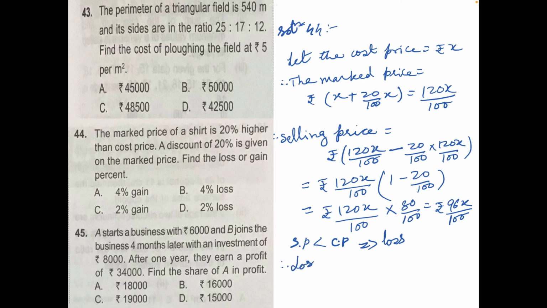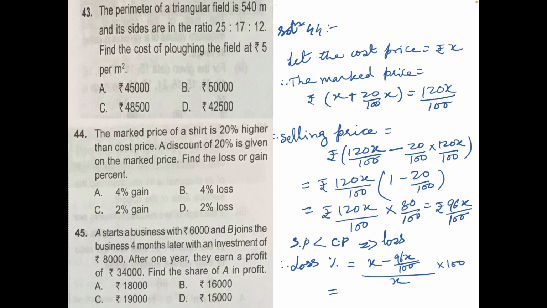Therefore, loss percentage is equals to, you know how to find, X minus 96x by 100 divided by X, the cost price, into 100.